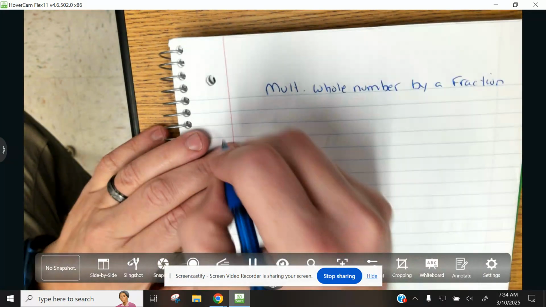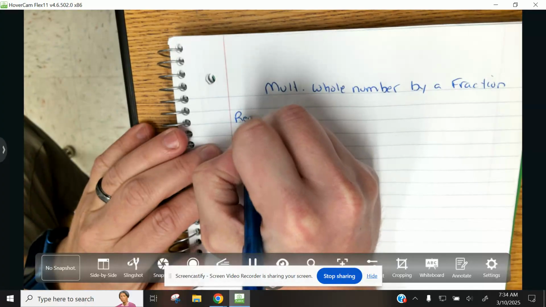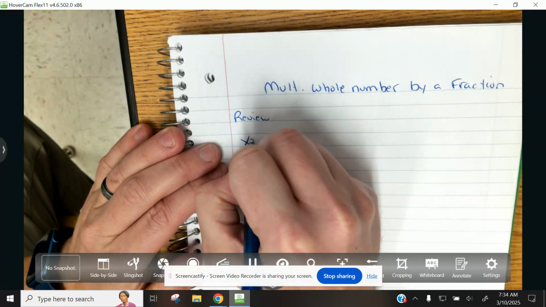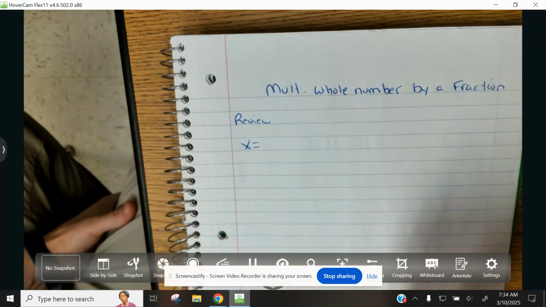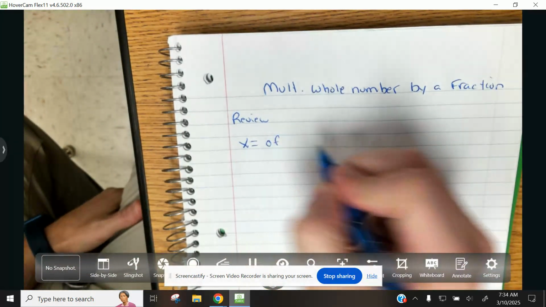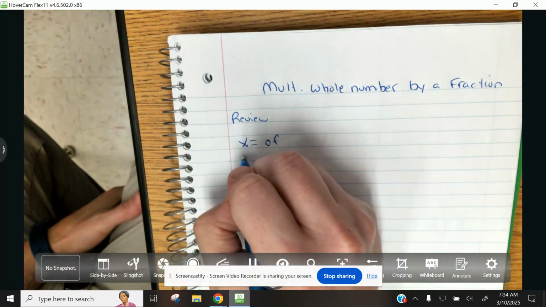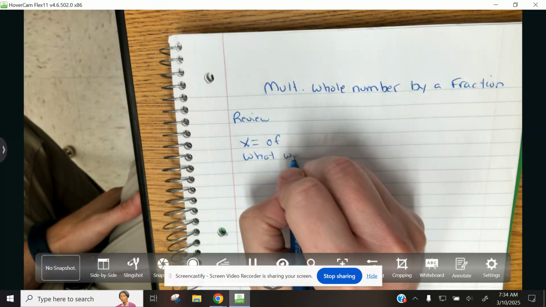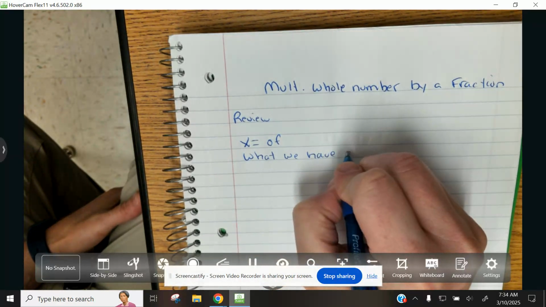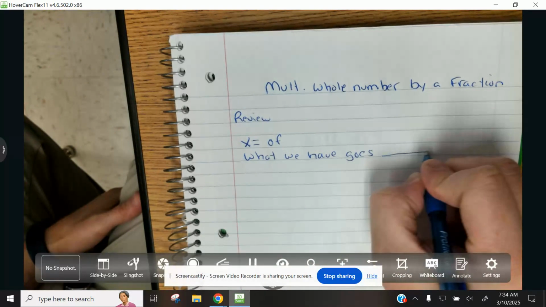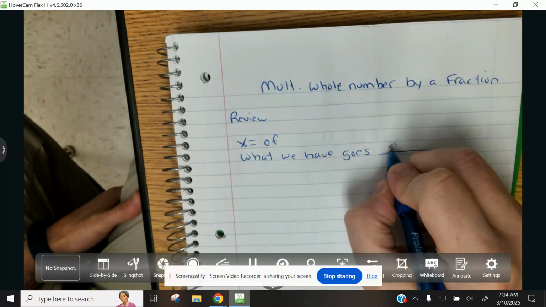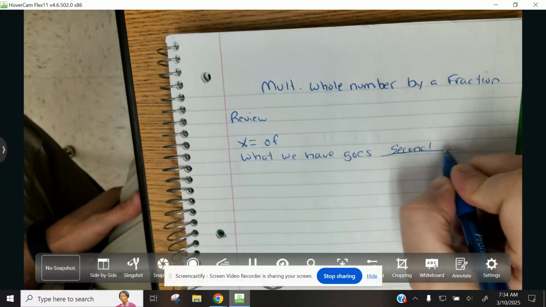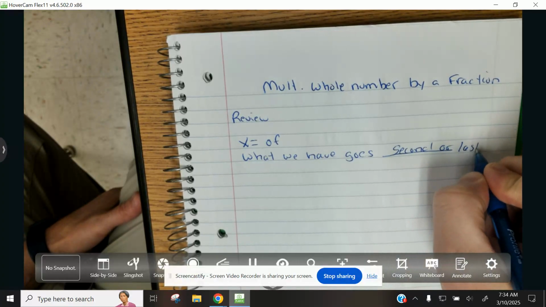So remember, do not forget, we're going to review here. What does multiply mean? What is the one word that we want to think of the most? We know it means "of." The other big thought is what we have goes second, or last, whichever you want to say.